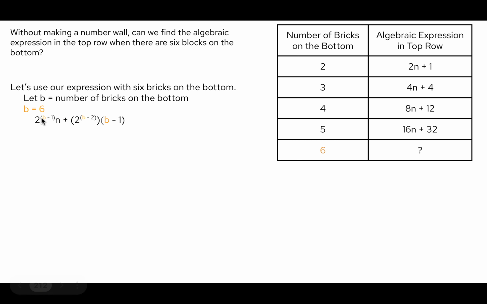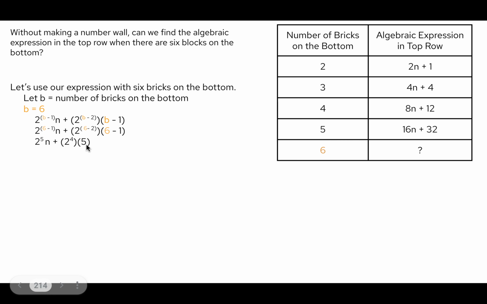And here's our fancy expression, which we know is not hard at all. We're going to replace these 3 B's with the 6. Here we go. So 2 to the power of 6 minus 1 multiplied by n plus 2 to the power of 6 minus 2 multiplied by 6 minus 1. So 6 minus 1 is 5. 6 minus 2 is 4.